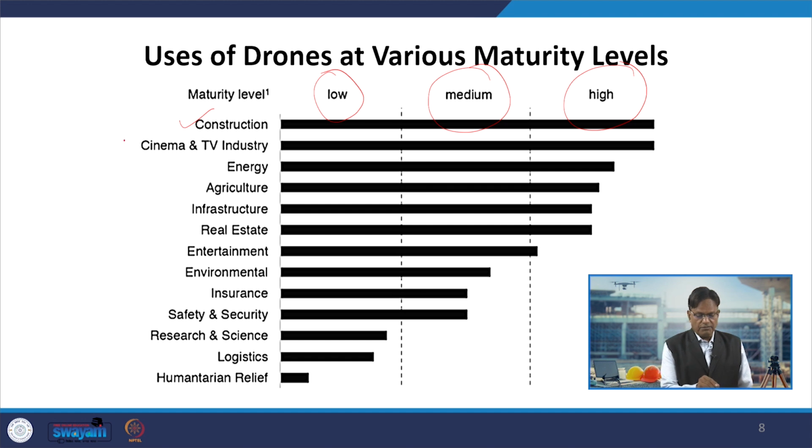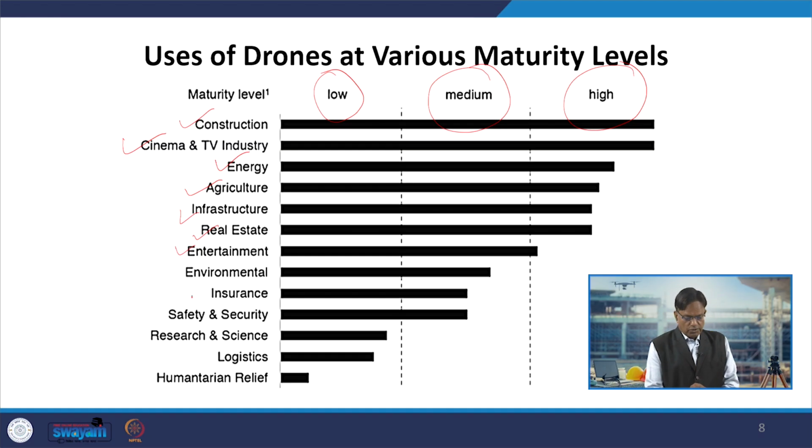Similarly, cinema, the TV industry, the energy sector, agriculture, infrastructure, real estate and entertainment. You can see that these are the sectors which have reached a very high level of maturity, but there are sectors which need further attention. That means drones are not being used to that extent as in the above areas.